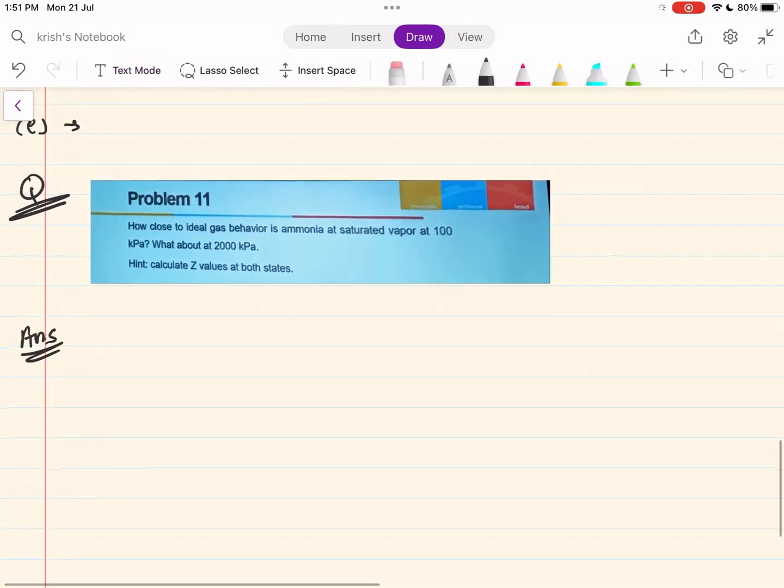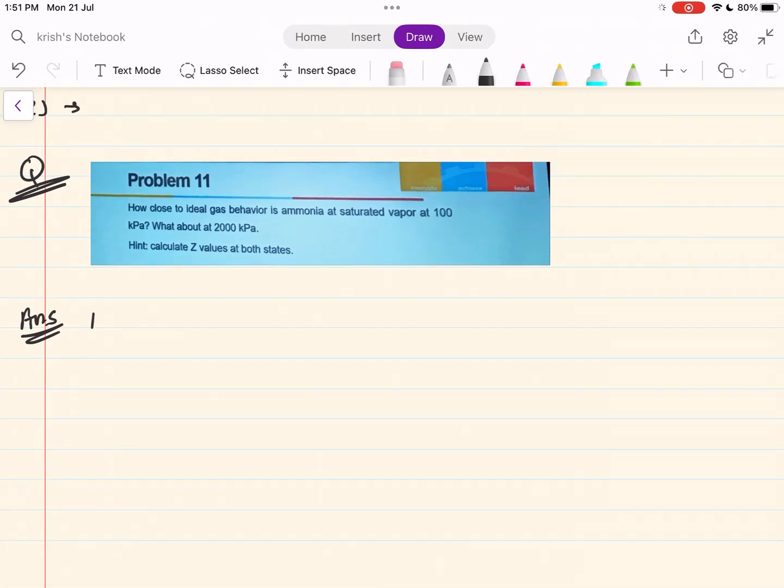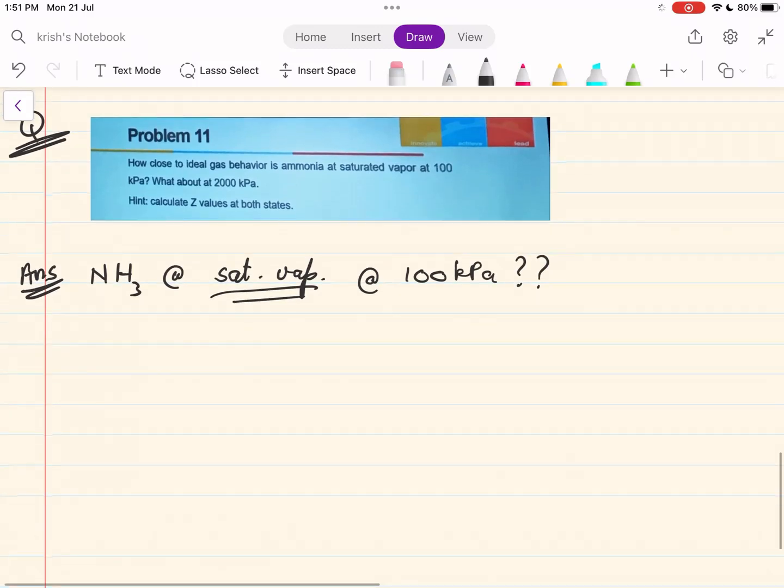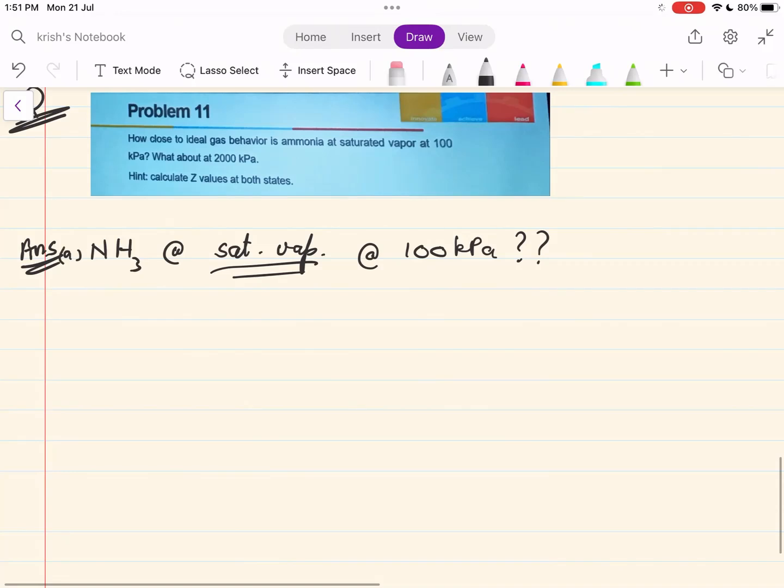How close to ideal gas behavior is ammonia, NH3, at saturated vapor? Okay, at 100 kilopascals. So this is part A, 100 kilopascals, and part B is at 200 kilopascals, 2000 kilopascals.